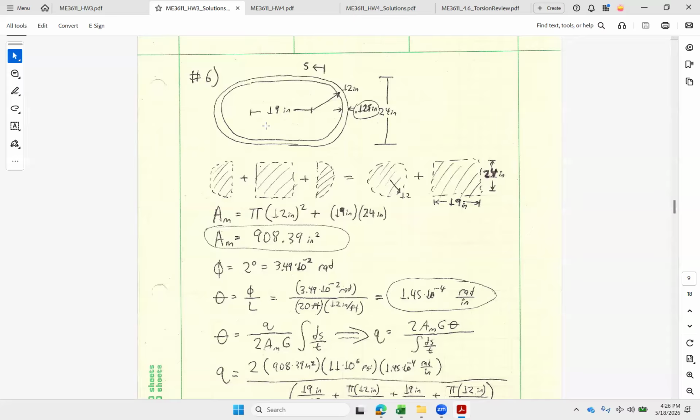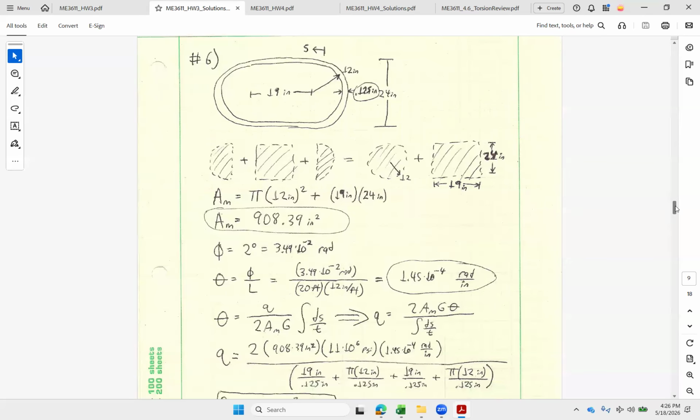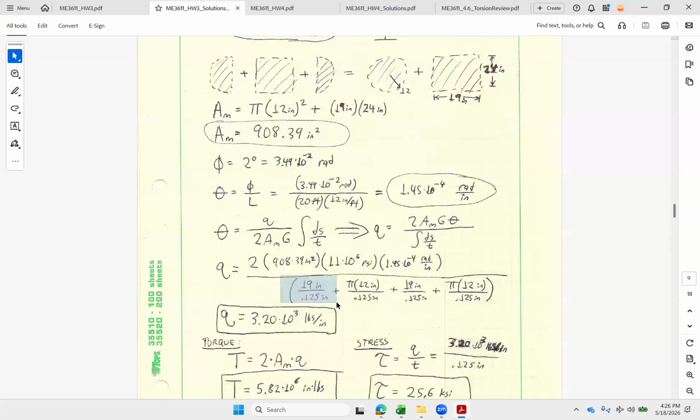And then we know our twist rate for the thin wall: Q over 2 times enclosed area and shear modulus, and then this integral of ds per t. And what we want to solve for is that shear flow. So we've got all the other stuff. We can fill this in. We're just going to go around 2 flat sides. So those are going to be the 19 divided by 1/8 inch wall thickness, and then the 2 ends, which are going to be pi r for 2 half circles.